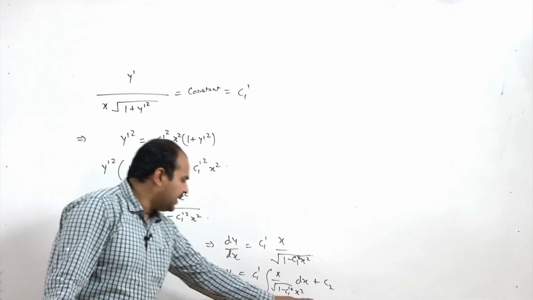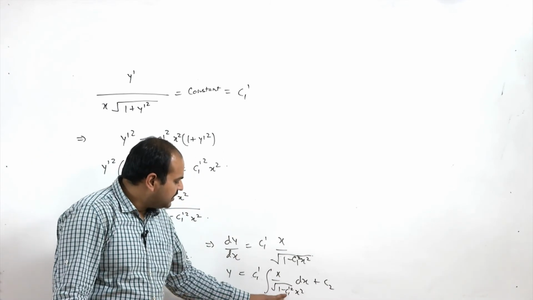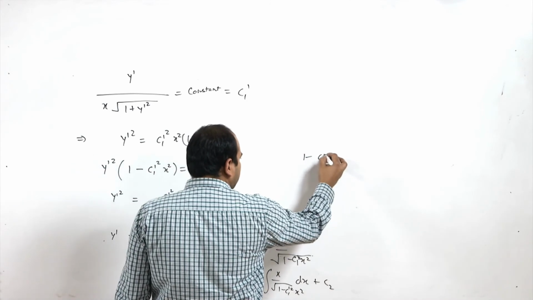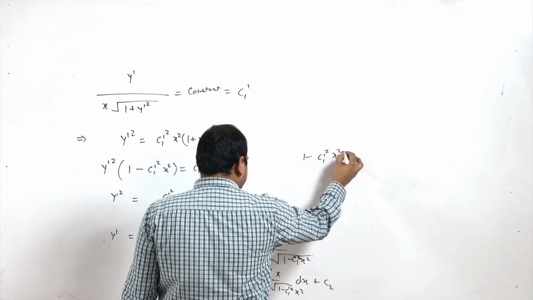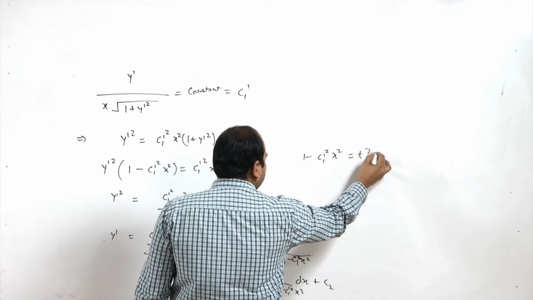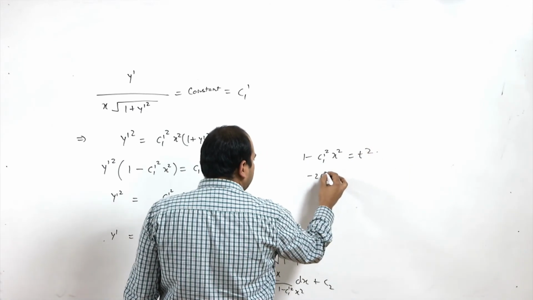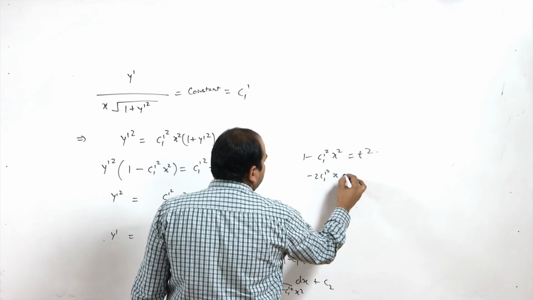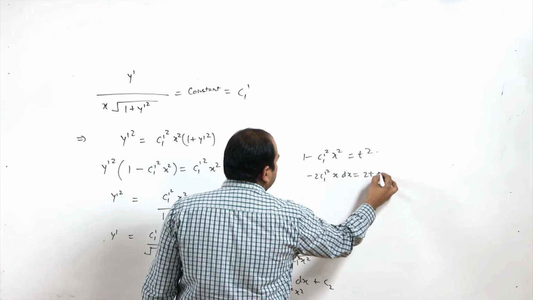You can simplify by writing 1 minus C1 dash square x square as t square. Then minus 2 C1 dash square x dx equals 2t dt.